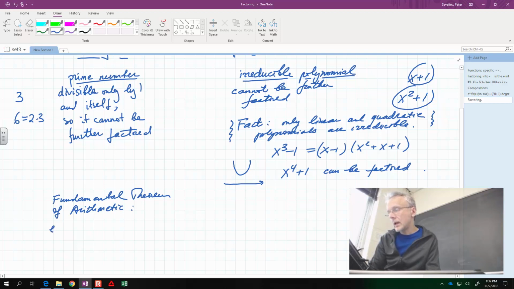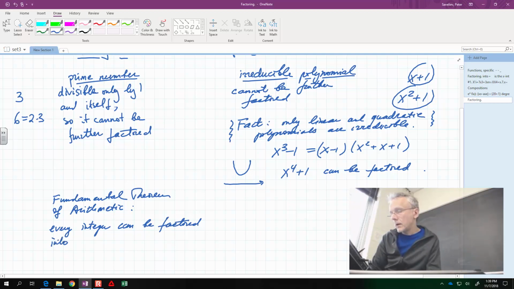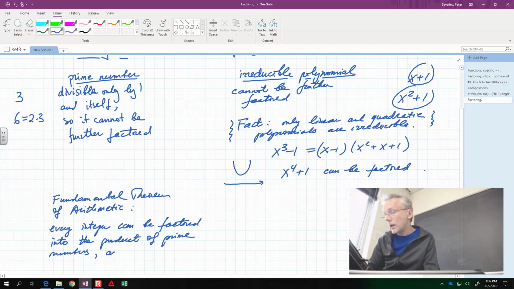And it says that every integer can be factored into the product of prime numbers. And this factorization is unique.